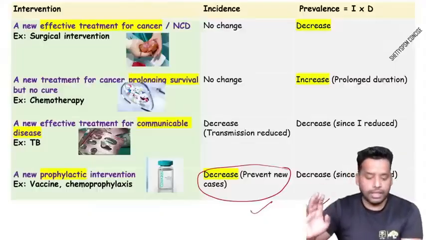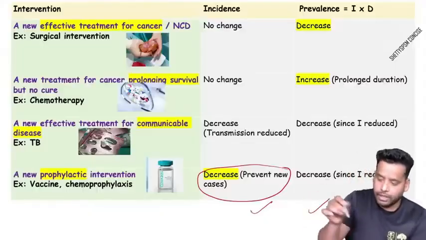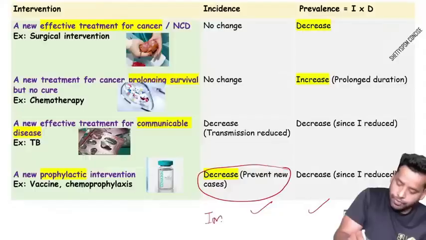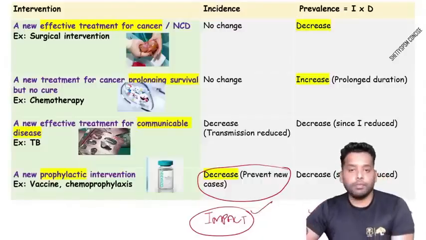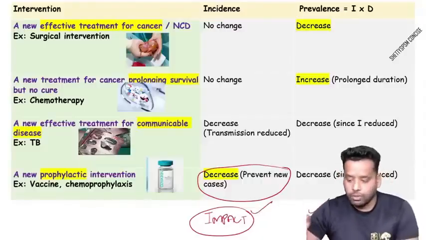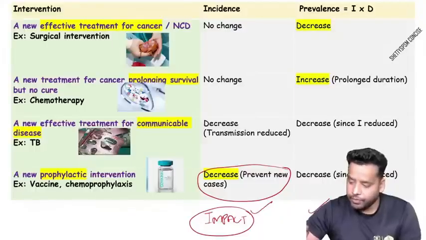Incidence will be the better indicator to check the impact, because prevalence will take some time. We always keep incidence as the impact indicator for any prophylactic intervention.